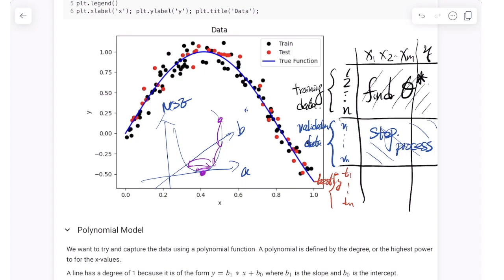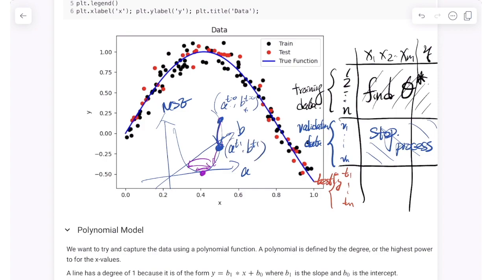So every time you find the values, which are A T0 and B T0, you use gradient descent on training data to find the next step, so right here, AT1, BT1.